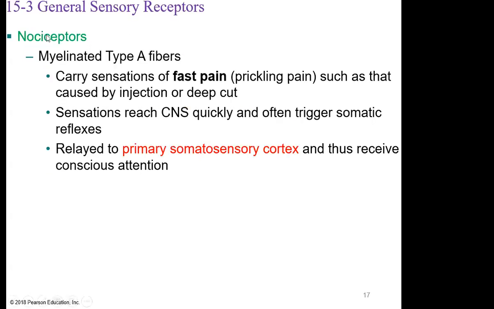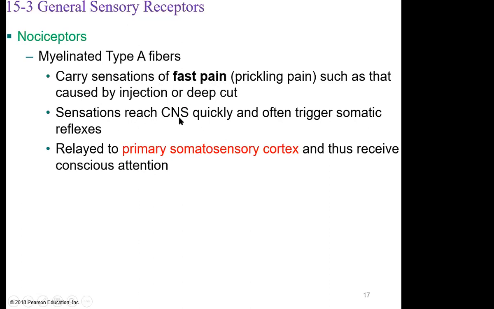Okay, nociceptors you will see associated with myelinated type A fibers because they carry the sensations of fast pain. Fast pain is that whenever you get an injection or whenever you are in the kitchen and you cut yourself really deeply with a very sharp knife. That is fast pain.